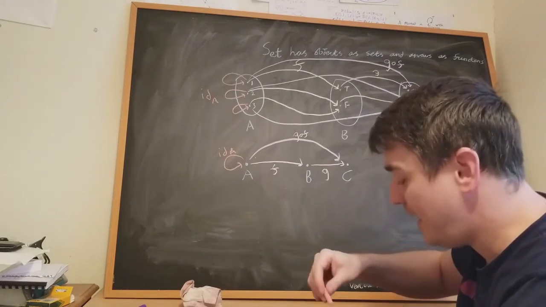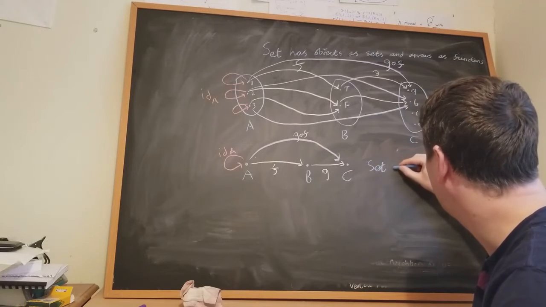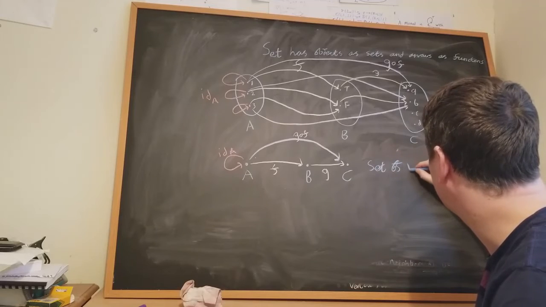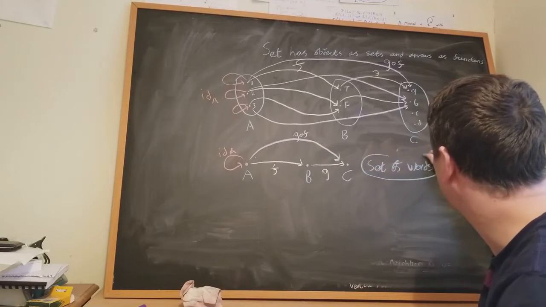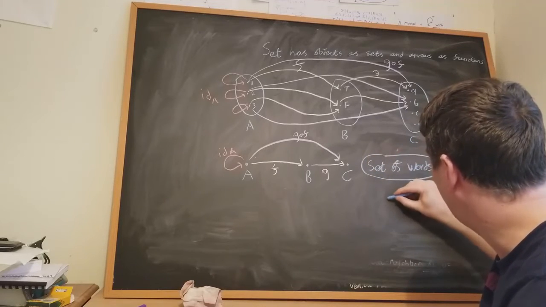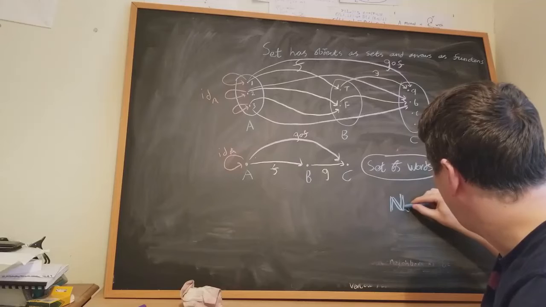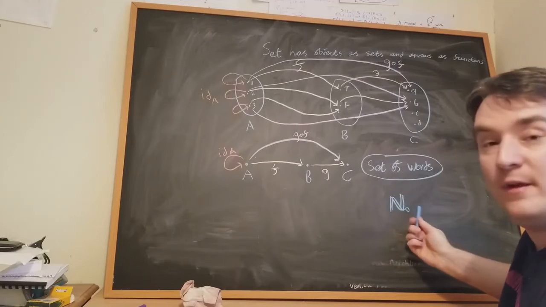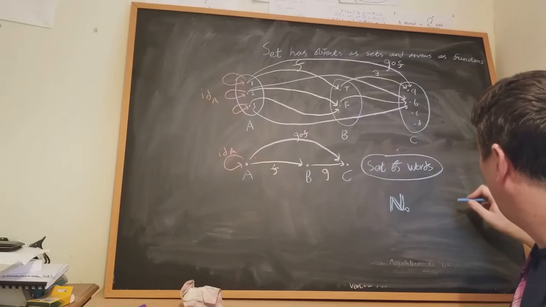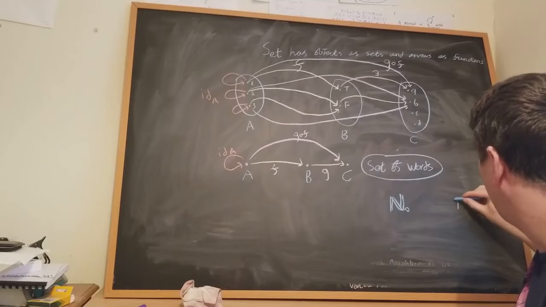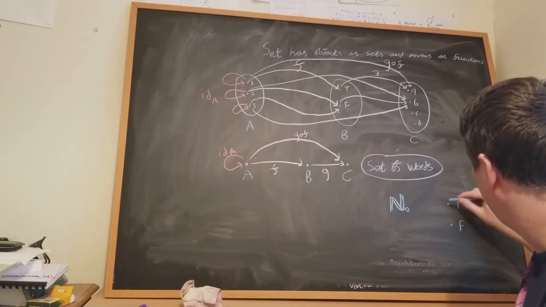You could say, okay, I have a set of words, and then I also have this set here, which is the set of all non-negative whole numbers, so 0, 1, 2, 3, 4 and so on. And we'll also have this set here, which just has 2 elements called true and false.